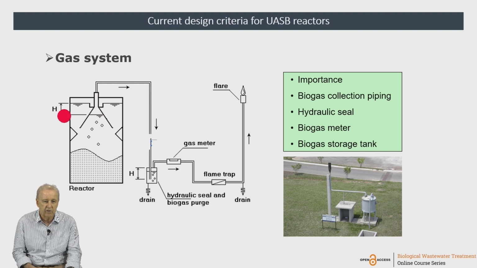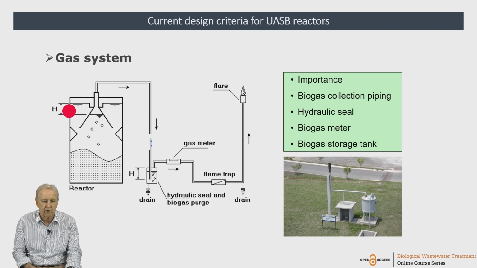This height that's indicated here, that's the distance between the operational level of the settler compartment and the level inside the three-phase separator. That's the interface between liquid and gas.